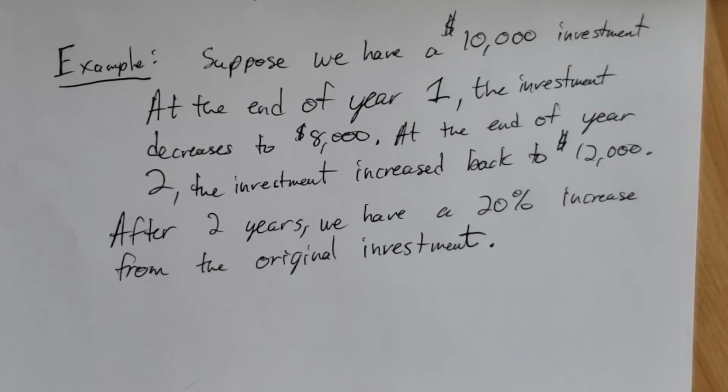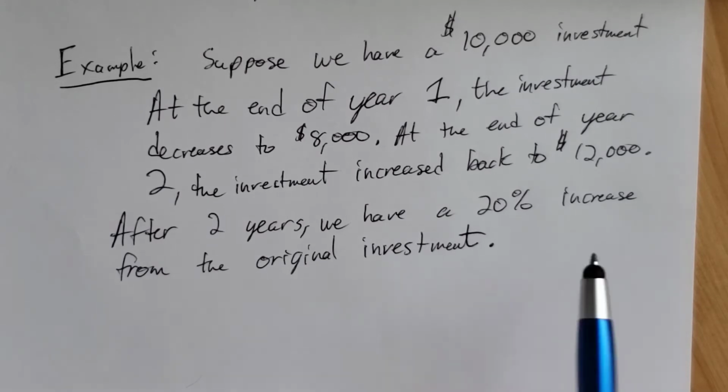Okay. So, what do we want to do with this? Let's consider this problem where we see that we have a 20% increase from the original investment after 2 years.